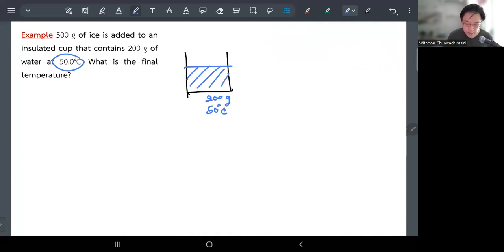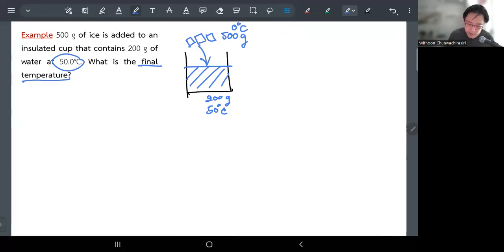Then you dump in ice, which of course starts from 0 degrees Celsius, because it's not super frozen ice, just regular ice. You have 500 grams of ice to dump into this. They want to figure out the final temperature after mixing these two together. This is the calorimetry problem.